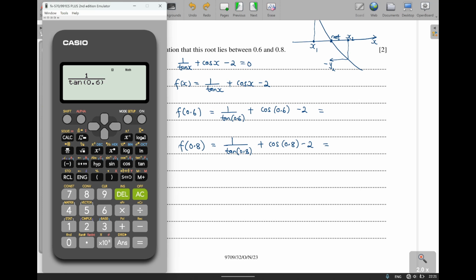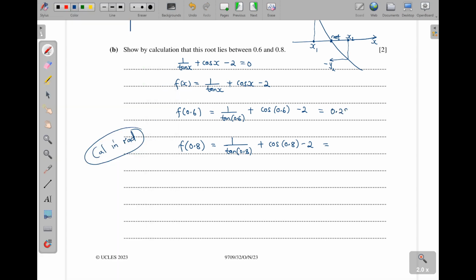Then I go this side, I put plus cosine of 0.6, and then minus 2. This one will give me 0.2870 and the rest of those figures.